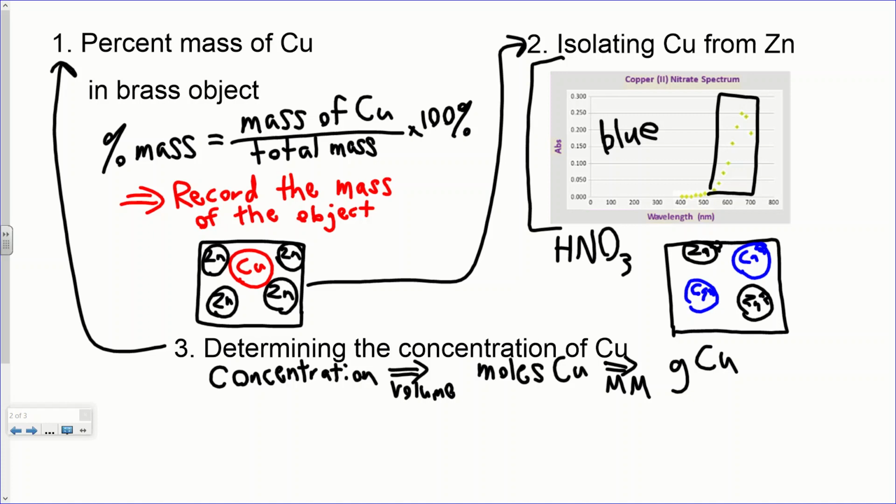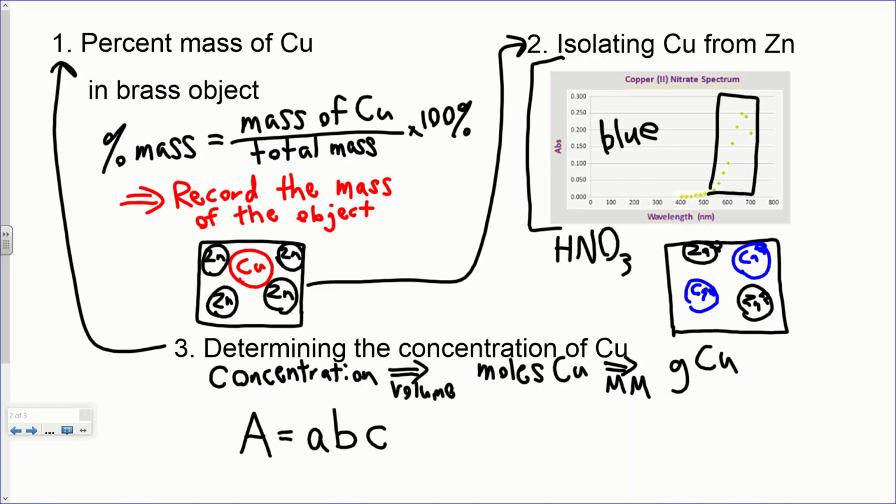So the concentration of copper, if we'll remember by Beer's law, is related to the absorbance of the red light by the following equation. Absorbance of the light is equal to the molar absorptivity value times the path length times the concentration.